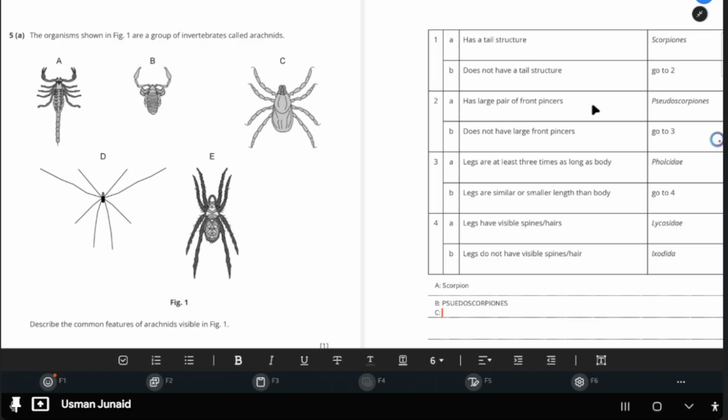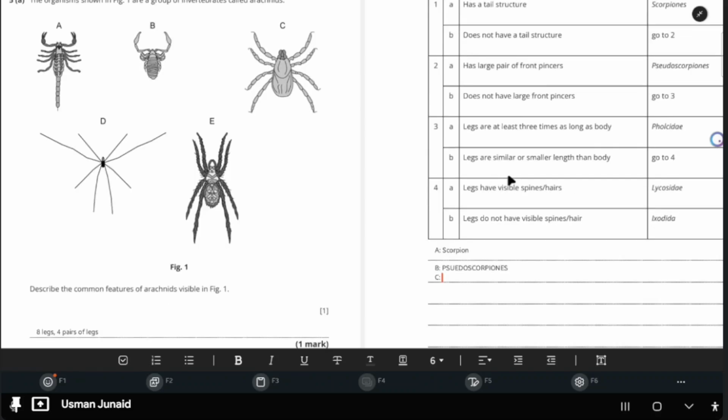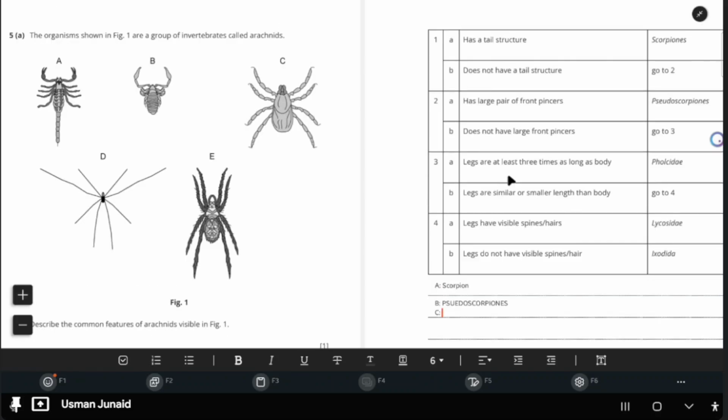It does not have front pincers, no. Does it have spines? No, it does not have spines or hairs. So it should be this one, yes or no? Yes. So it's Ixodida.